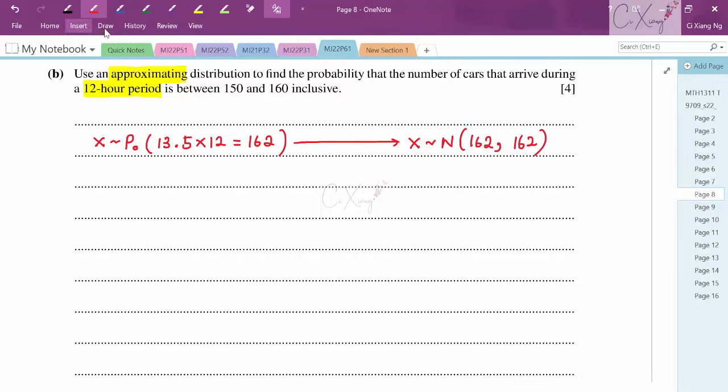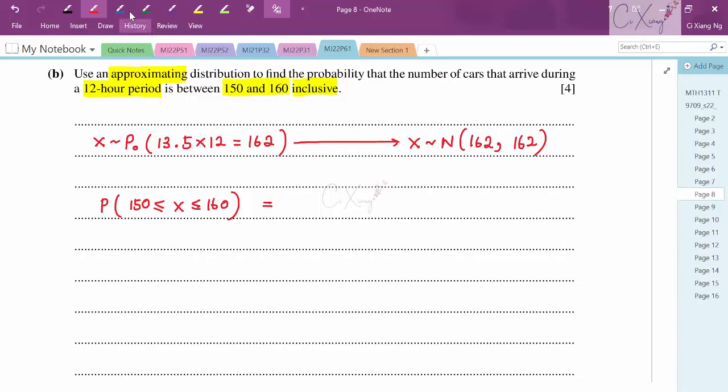All right, now they want us to calculate the probability that the number of arrivals is between 150 and 160 inclusive. Inclusive means you need to put the equal sign for the symbol here, right?